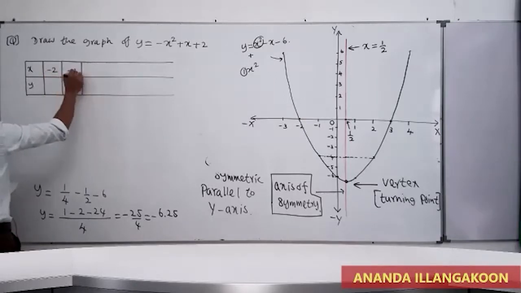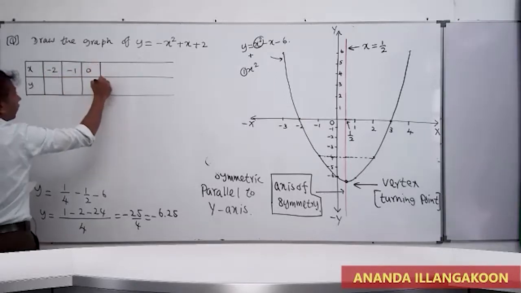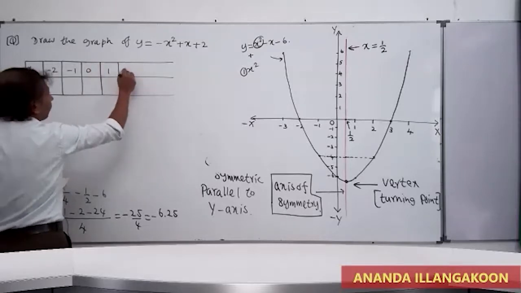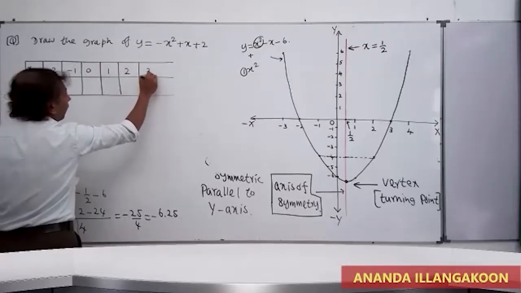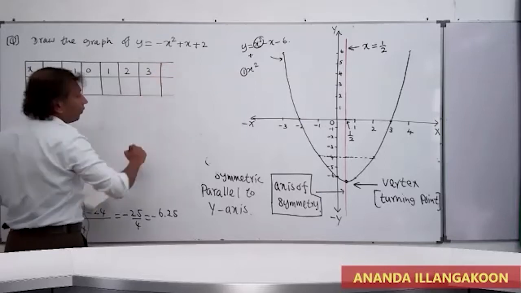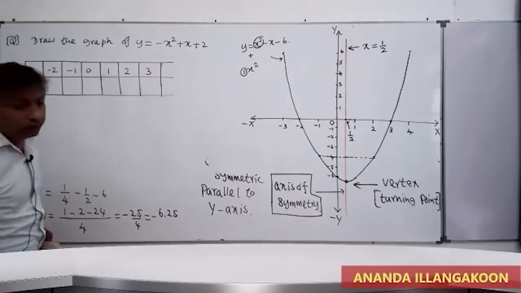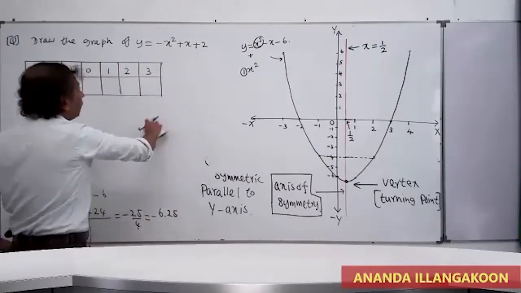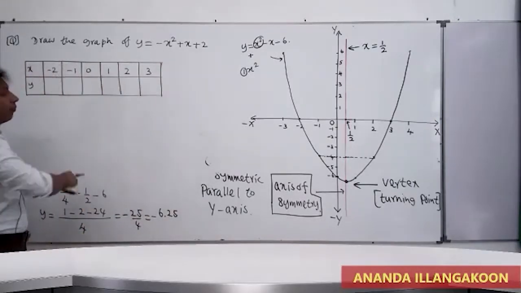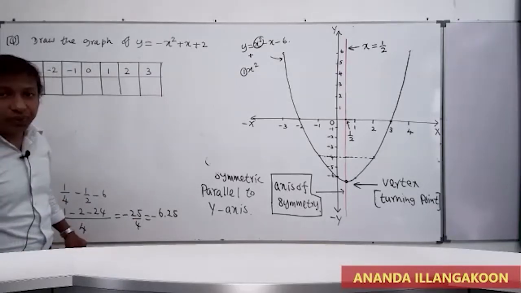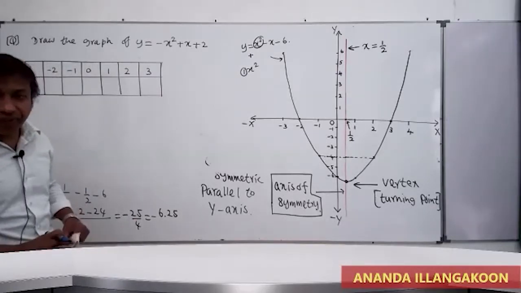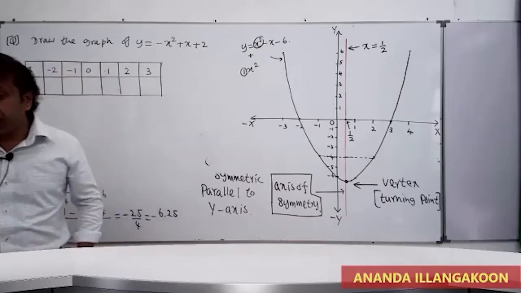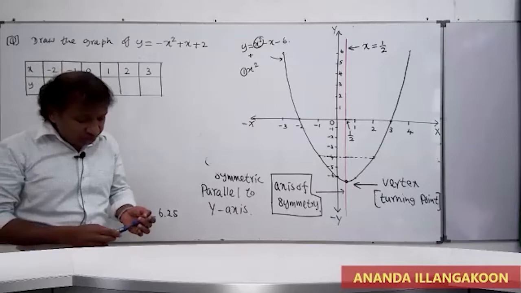Minus 2, minus 1, 0, 1, 2, and 3. Right. These are the x values. Now, first fill this table and we'll draw this graph and see its properties. Thereafter, people, we can go to the next part. Right. First, fill this table, people.